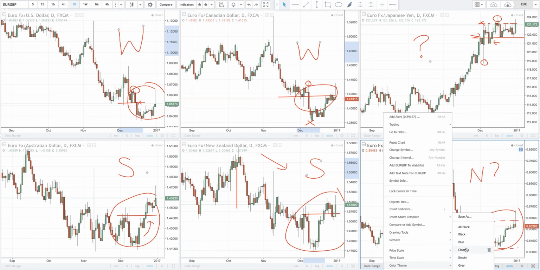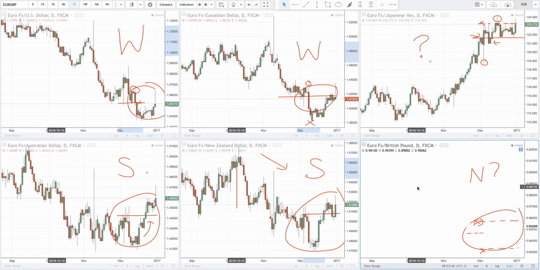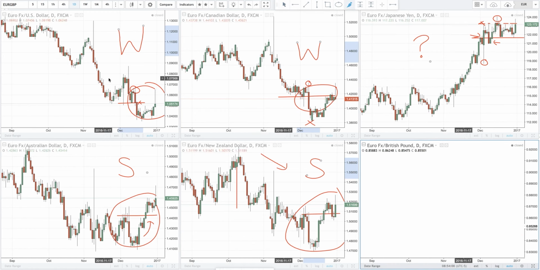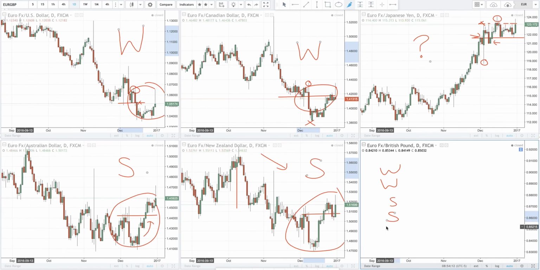Okay, I'm going to empty this chart out and clean it up. So what's the score here? We had 2 neutrals. We got 2 weaks. We got 2 strongs. And then 2 neutrals. Okay?